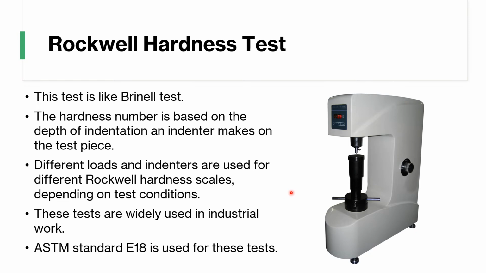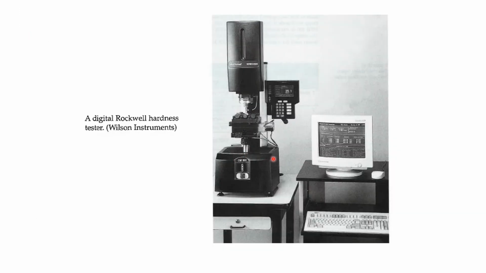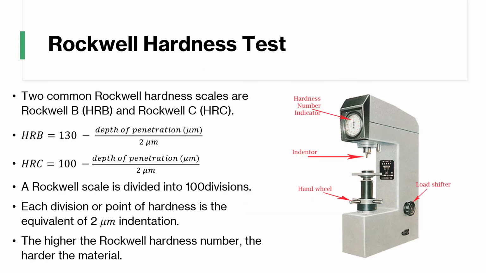Different loads and indenters you can use for Rockwell hardness scales, and that depends of course on the test conditions. And these tests are widely used in industry, okay? And we follow ASTM E18 for this test. This is an instrument for a digital Rockwell hardness tester, completely connected to your computer for data.